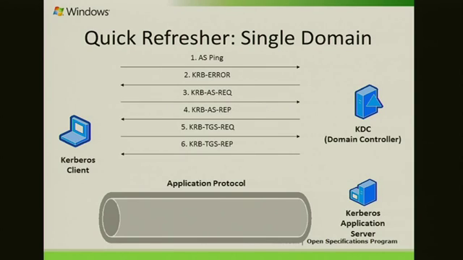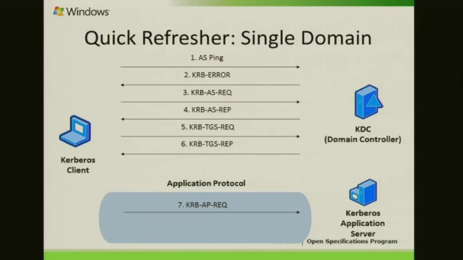So inside of whatever application that may be, you're going to see this Kerberos AP request going through. This has the service ticket and a validator that proves that the client has the shared secret, and then the application server will open up that message in order to build the token. And hopefully, that application server is also going to respond back with its response, so we have mutual auth availability.